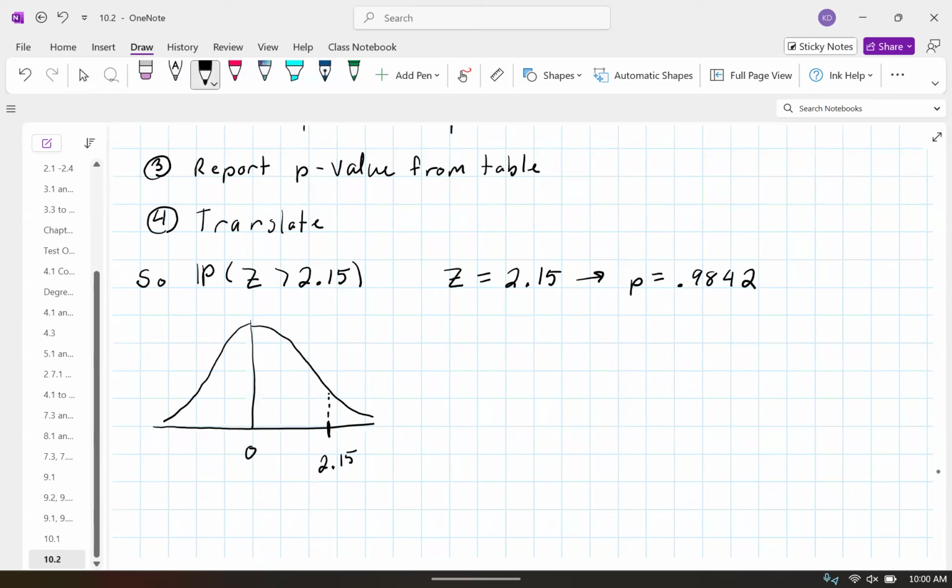Our z-score chart. Left side, yeah, thank you. Yeah, so our chart is always going to give us the left side of our value here. So that says the area to the left of our z-score was 0.9842. So what's the probability we get a z-score of 2.15 or higher? Well, the total area under the curve is 1, so we take 1 minus this.